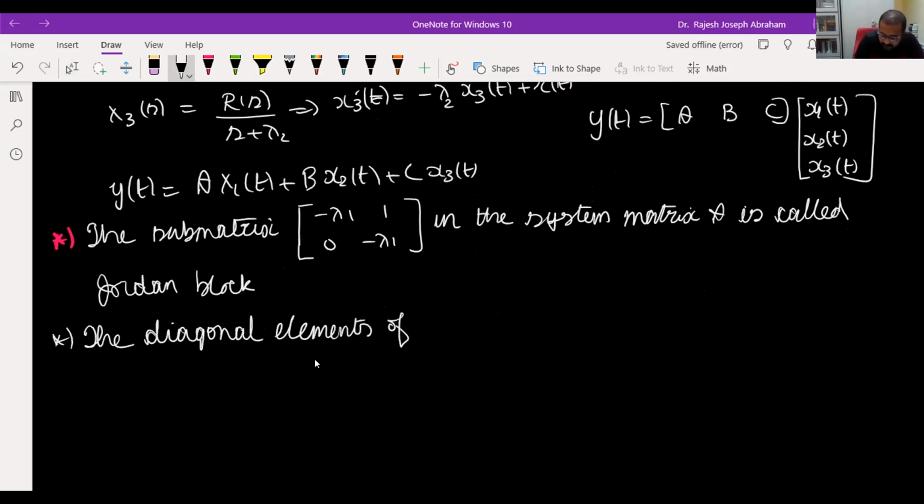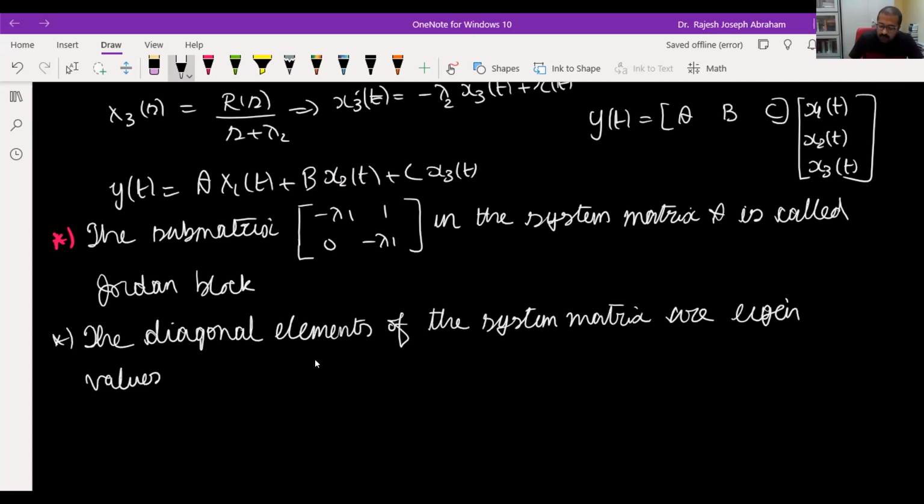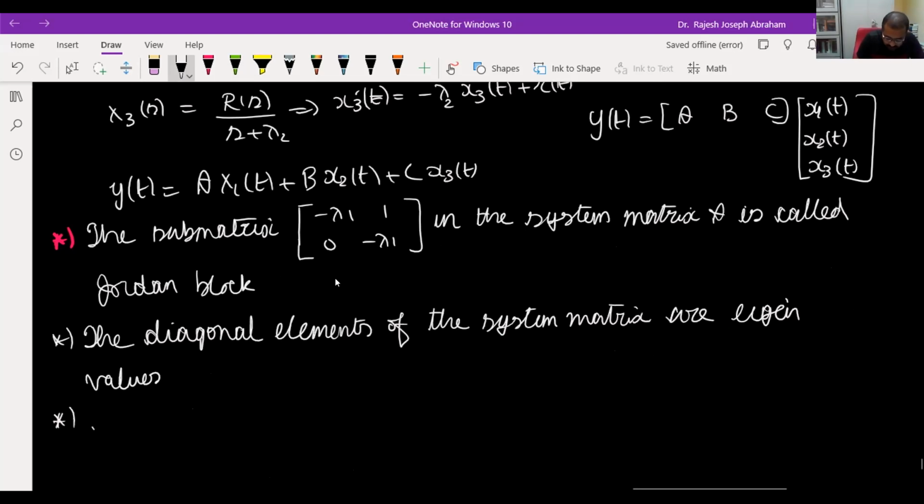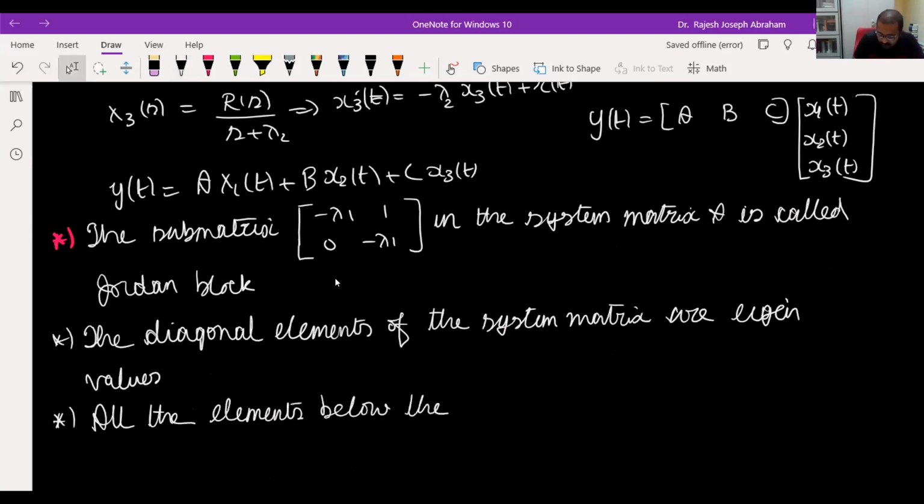All the elements below the diagonal elements are 0.